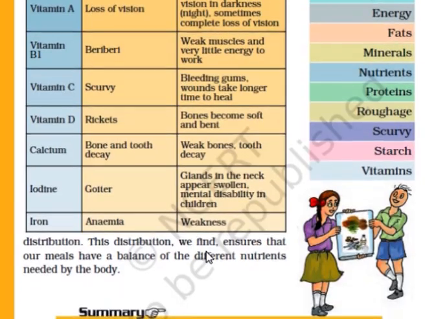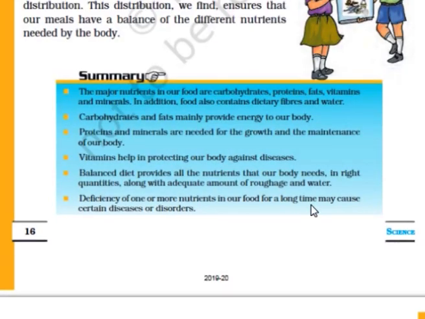Anemia, weakness. In this chapter, children, we have learned that the major nutrients in our food are carbohydrates, proteins, fats, vitamins, and minerals. In addition, food also contains dietary fiber and water. Carbohydrates and fats mainly provide energy to our body.